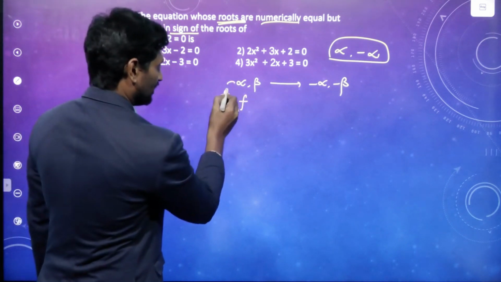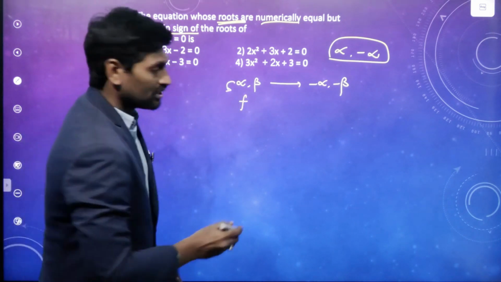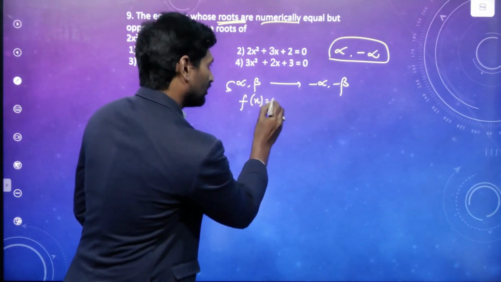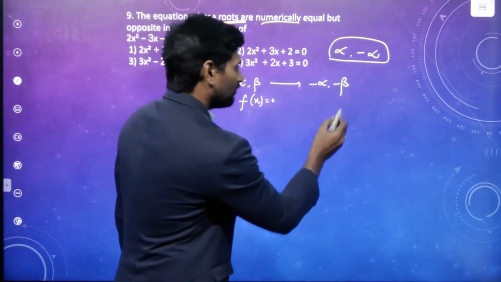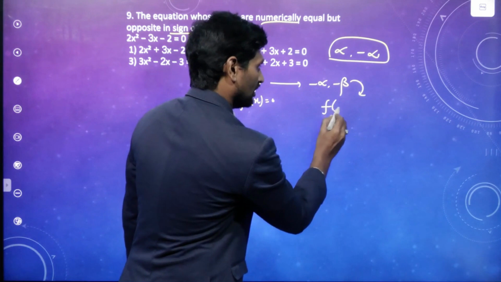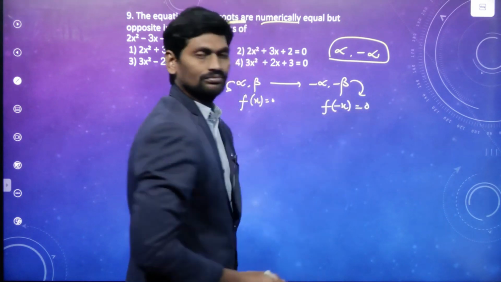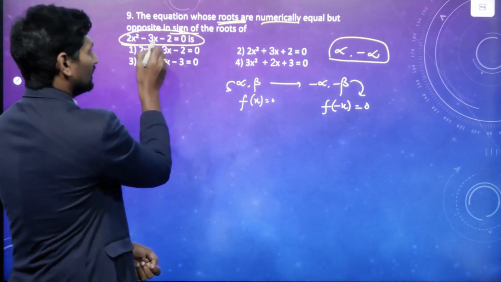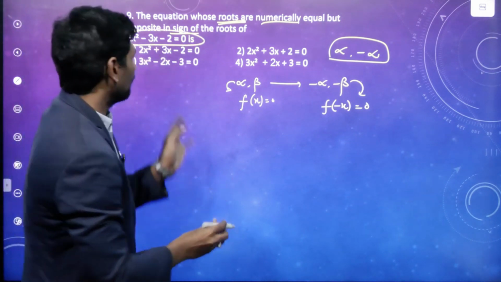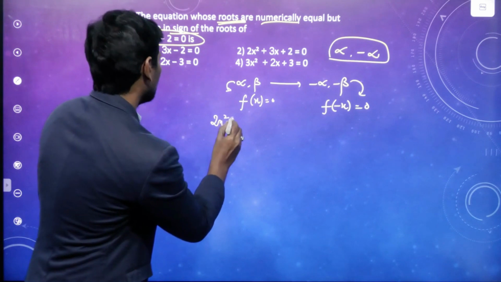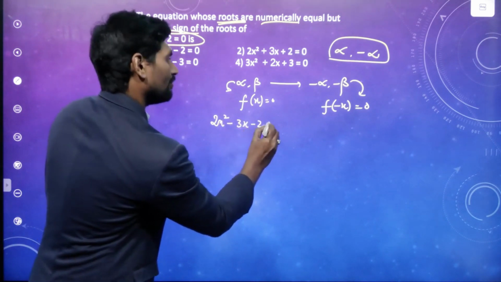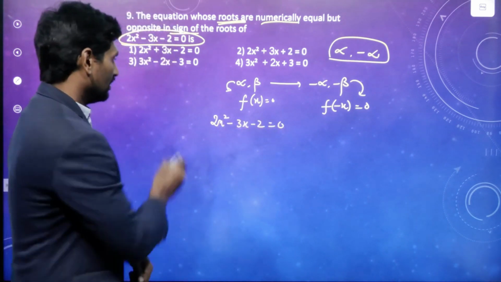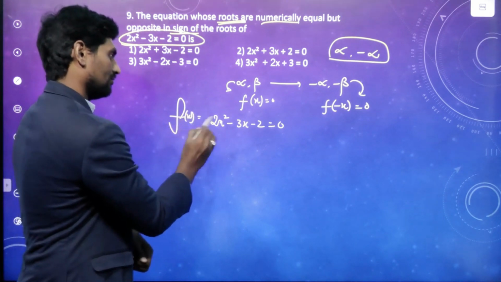So condition: alpha, beta roots of f of x equal to 0. Minus alpha, minus beta roots of f of minus x equal to 0. Okay? What is f of x here? That means the given quadratic equation 2x square minus 3x minus 2 equal to 0. This is the given f of x value.